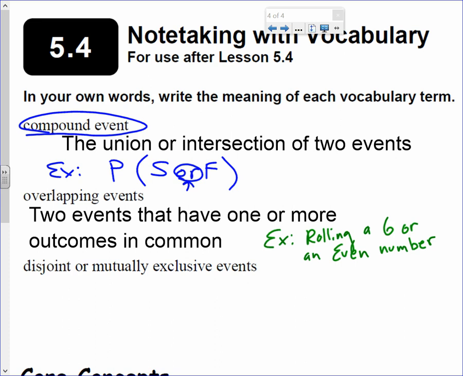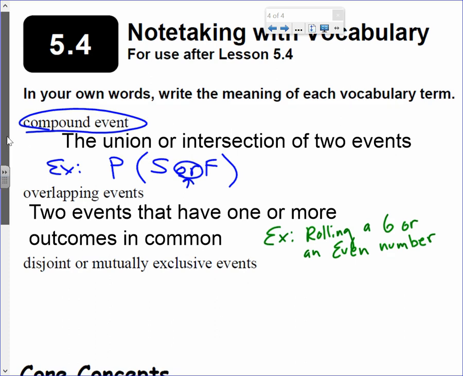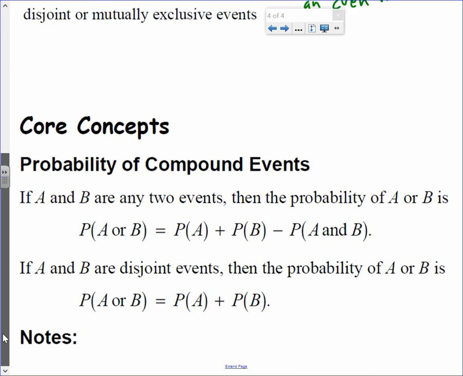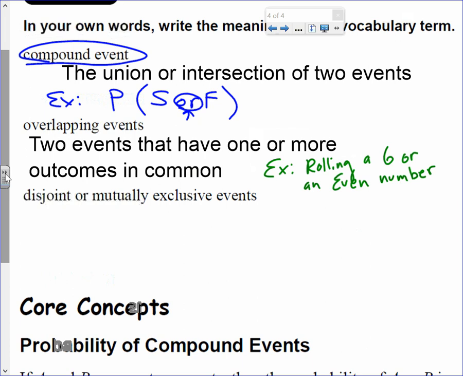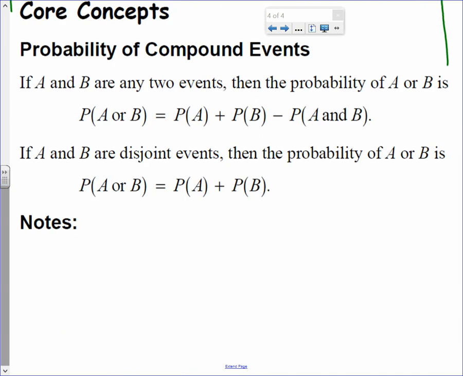Let's draw a simple Venn diagram of that at the bottom, where it says notes, so you can see what I mean by overlapping.